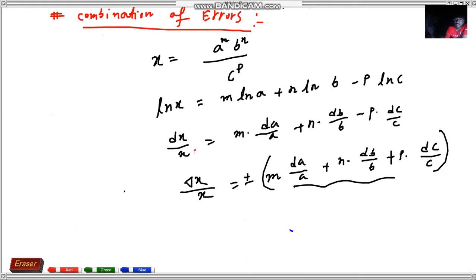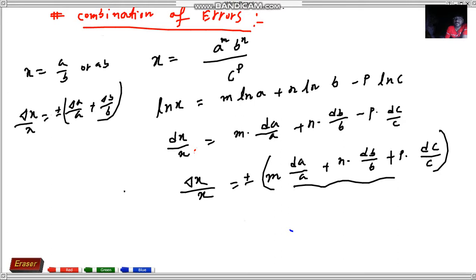Similarly, when we talk about x is equal to a divided by b, delta x over x is equal to delta a by a plus delta b by b, plus minus. Similarly for x is equal to ab.